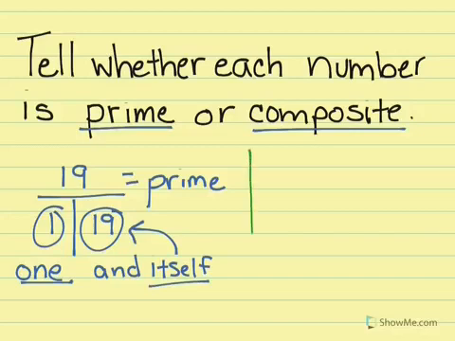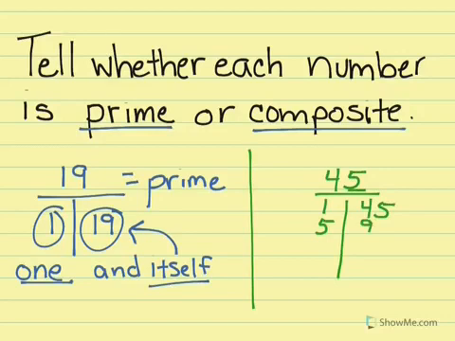Now, let's take a look at 45. So if I do a table, I know 1 and itself. I know it ends in 5. Oh yeah, 5 times 9 is 45.